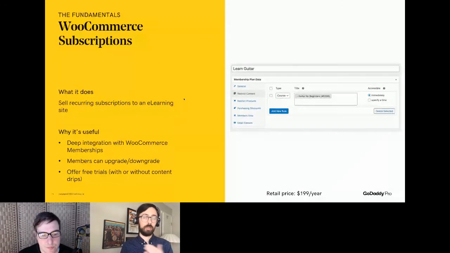And these two plugins are really well integrated, so you can tie membership status directly to subscription status. When they make the payment on their subscription, they then have access to these things. If that's lapsed, then we're going to pause their access while they make that payment. Again, kind of turning what would just be an access model into an ongoing business model.